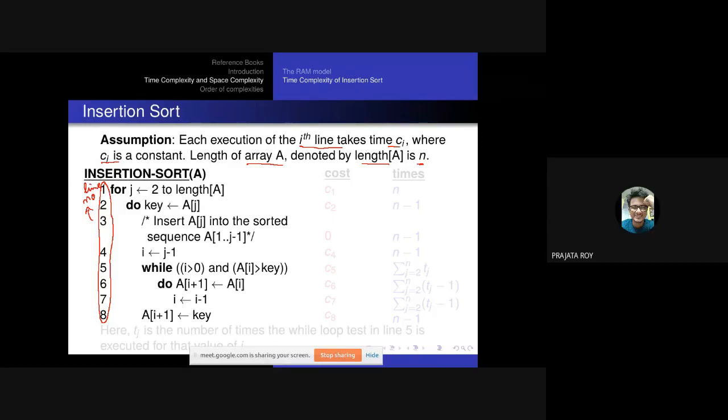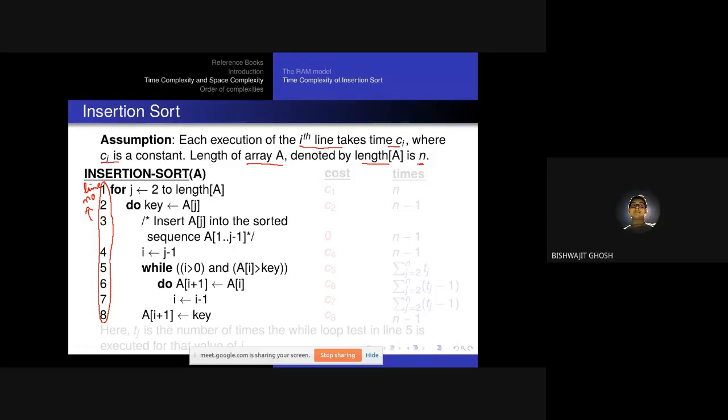First line is executed n times, sir. Okay, all of you agree? n minus 2? No. j becomes 2, then 3, then 4. Now j becomes length of A, which is n. So how many times?